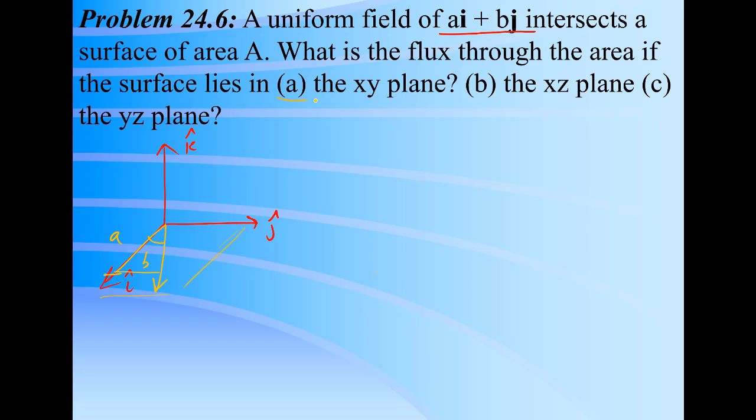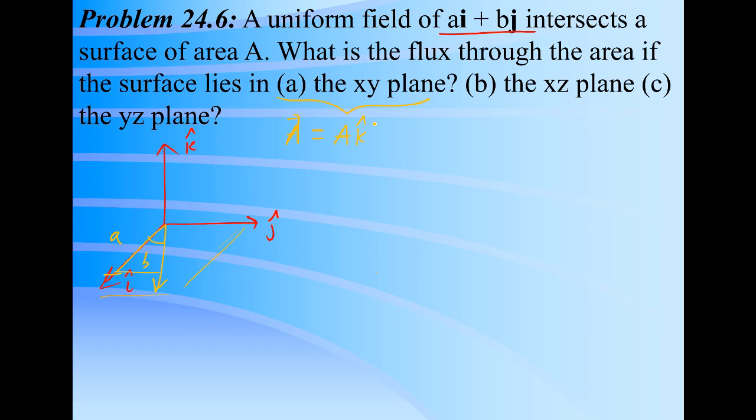So first of all, for the XY plane, well, that's the plane which is denoted by i hat and j hat, and you'll notice that there's no component of the field in the k hat direction. So one way that we could write this is that the area vector is equal to A k hat.